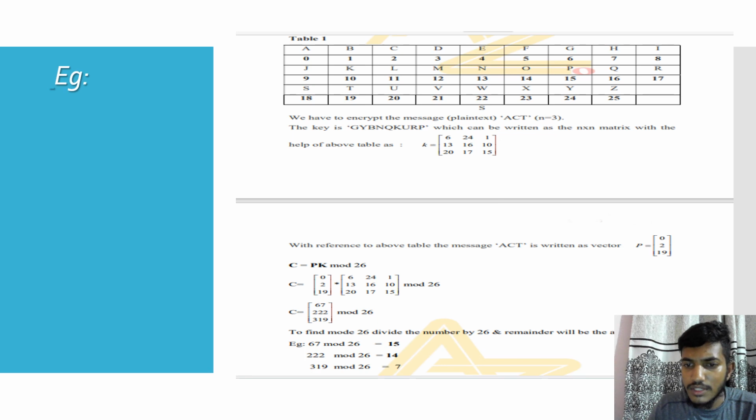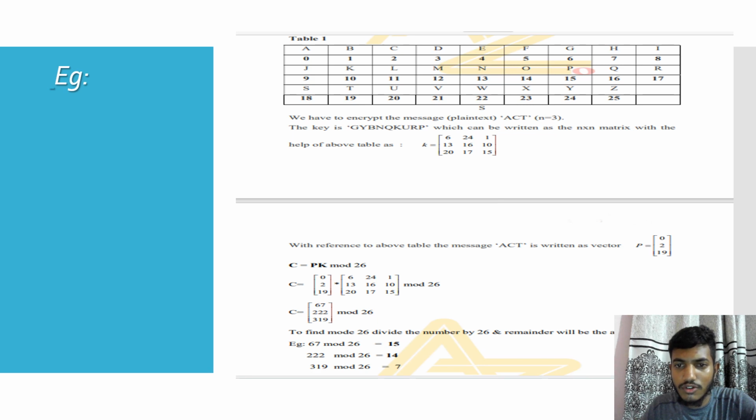With reference to the above table, the message "act" is to be written as a vector. So A is 0, C is 2, and T is 19. So C is equal to PK mod 26. What is P? 0, 2, 19. And what is K?